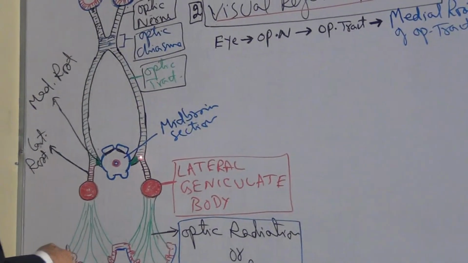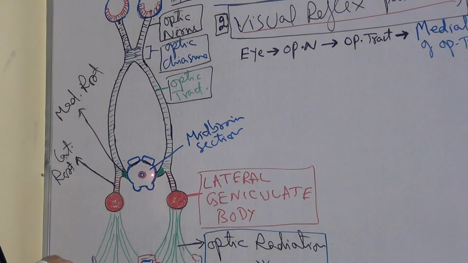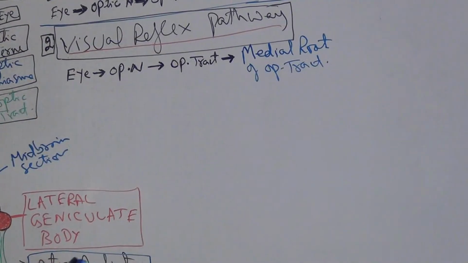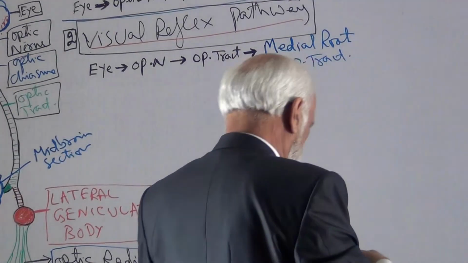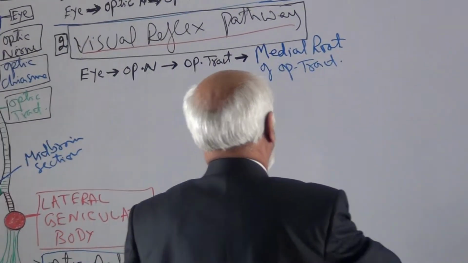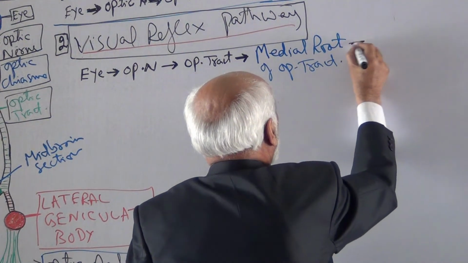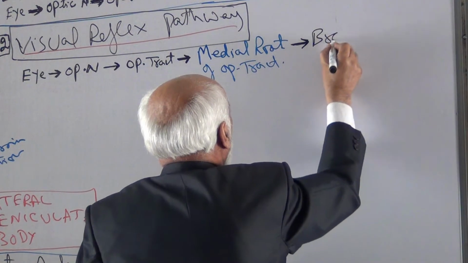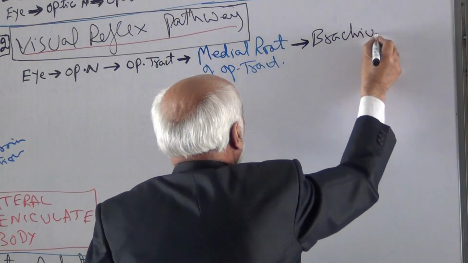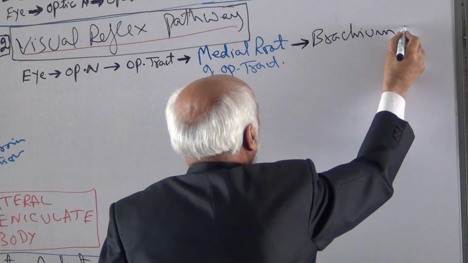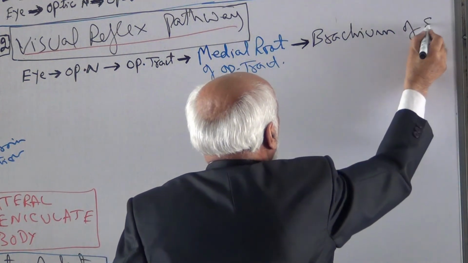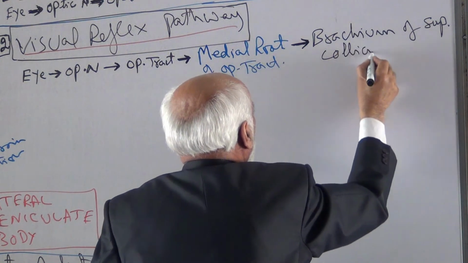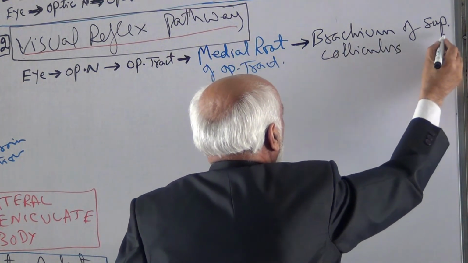Now can you see the medial route now approaches the midbrain, and the fibers of the medial route of the optic tract enter the brachium of the superior colliculus.